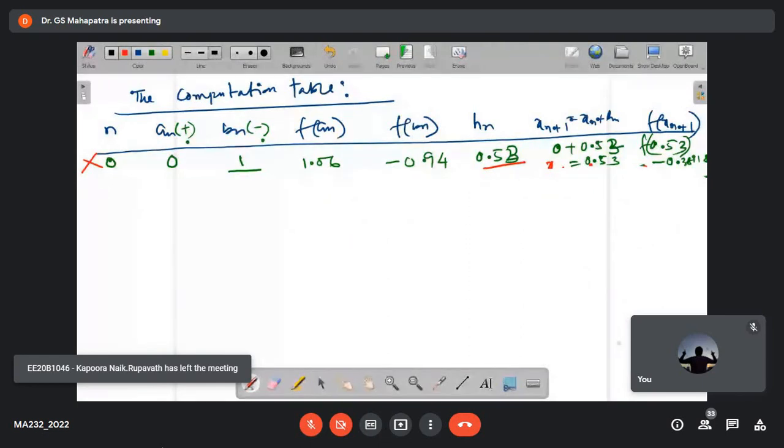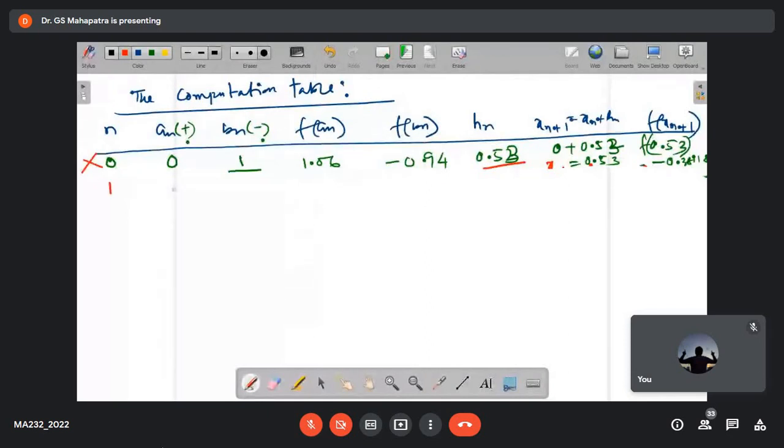So if you have the data, you can just tell me what is the answer. It is minus 0.38, correct now? So it is 0.0, then 0.53, it is 1.06 minus 0.3811, correct?